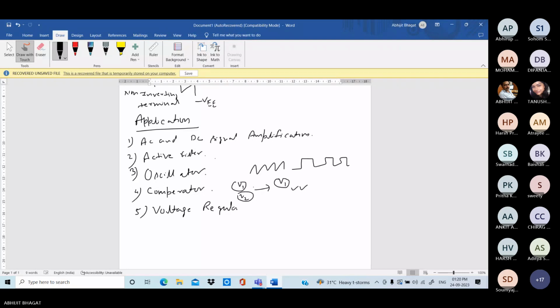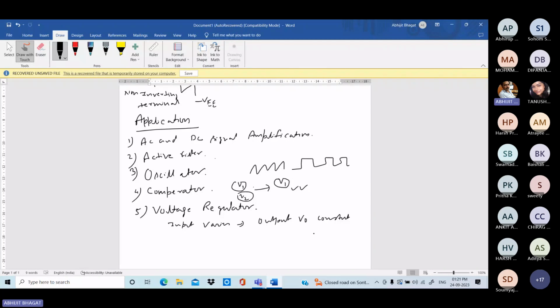A voltage regulator is a device whose output voltage is constant even if the input voltage varies. The input voltage varies in a certain range, but the output voltage is constant.